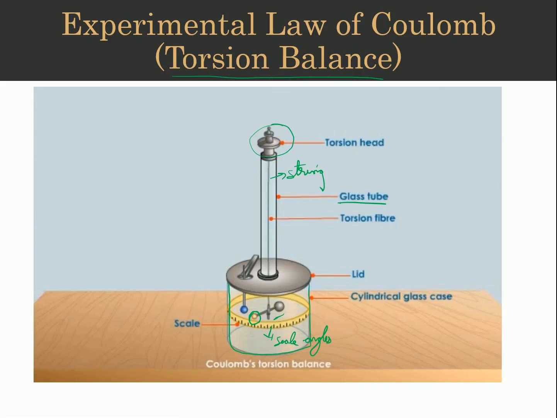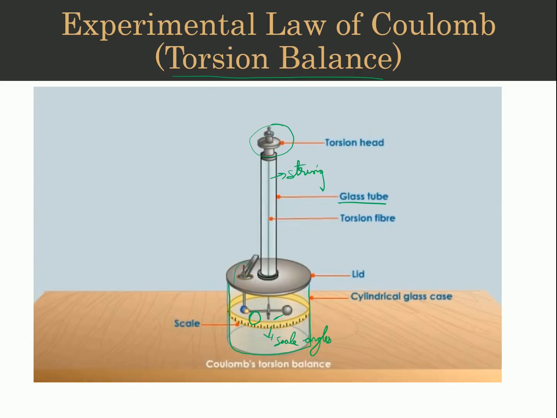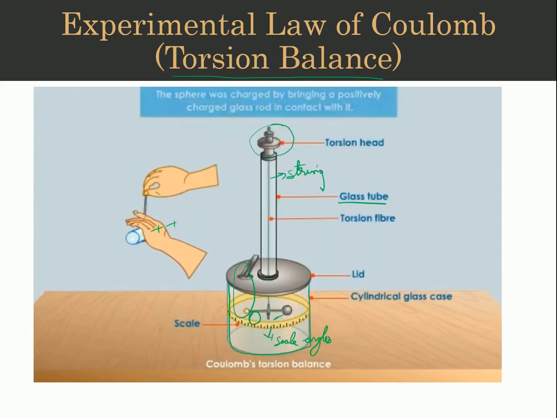In this experiment, any movement of this needle gave us a specific angle of rotation. Initially, a blue sphere connected to a needle was charged and brought outside, and it was positively charged by rubbing it with a piece of glass. Again, we knew that glass has positive charge.